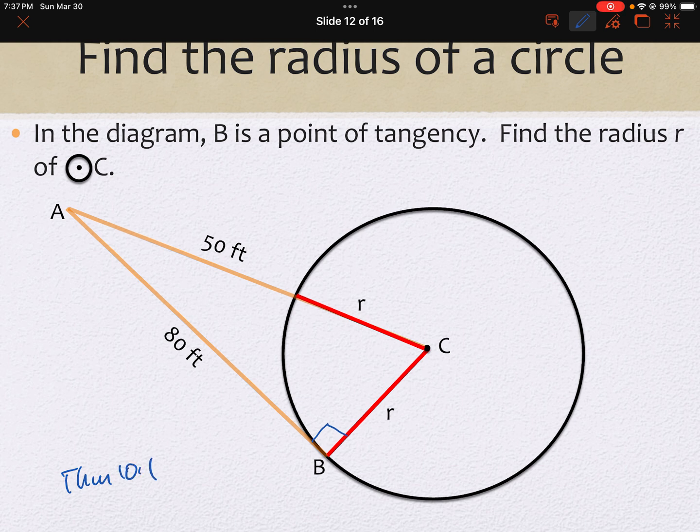So what that means is, let me draw you the right triangle. We got a radius here. We have that leg is 80, and this leg here is r plus 50. Again, you're using your Pythagorean theorem to set up an equation, and then you're going to solve for r. So, again, not sure if I'm going to be able to do this without a calculator, but let's just write it out at least.